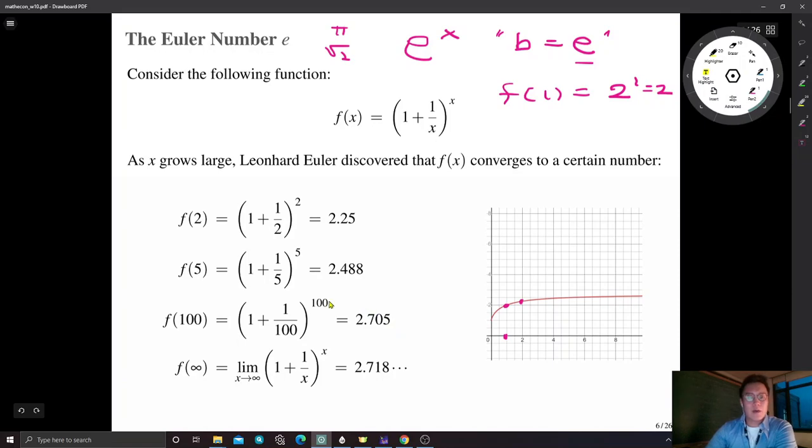When x increases, you can easily check that the number in the parentheses decreases, because x is in the denominator. On the other hand, the exponent increases. So when x grows large, the number inside the parentheses converges to 1, but the exponent also grows to infinity.